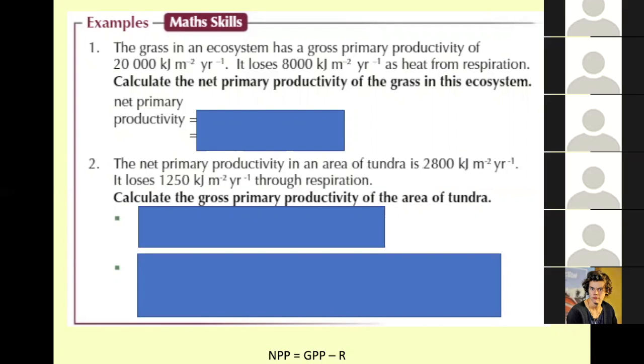Side note, can you quickly work out the gross primary productivity of the tundra, please, as well? So get your calculators out, please, and I'll give you a couple of minutes to work those out.